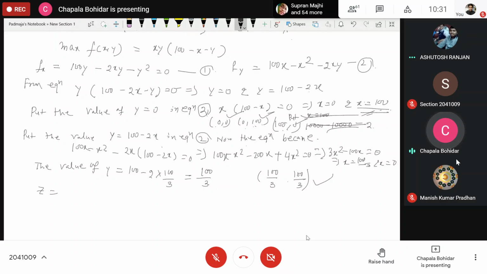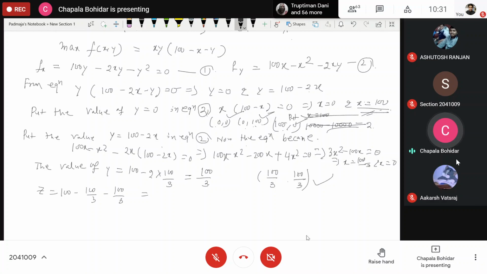z is equal to how much? Already I had written z is equal to 100 minus x minus y. So it is 100 minus 100 by 3 minus 100 by 3. This value I am considering.